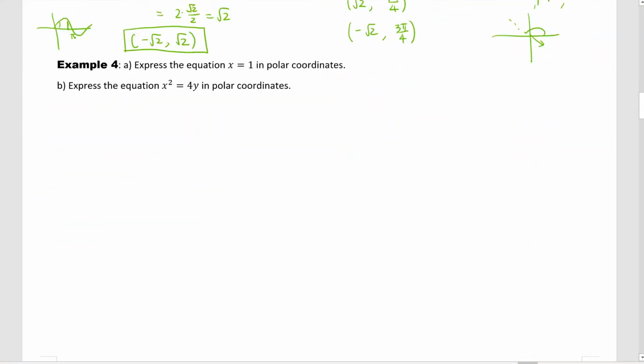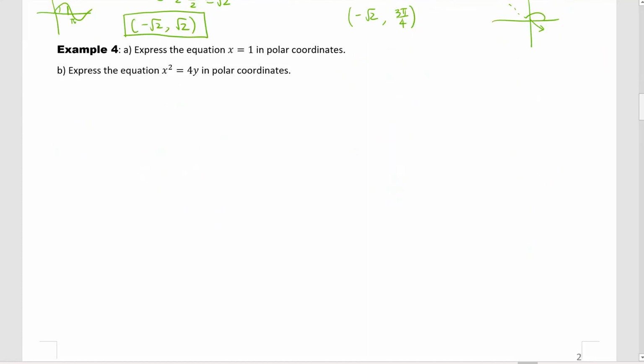Example 4. Express the equation x equals 1 in polar coordinates. So this equation is an xy equation. How do we express it in terms of polar coordinates?